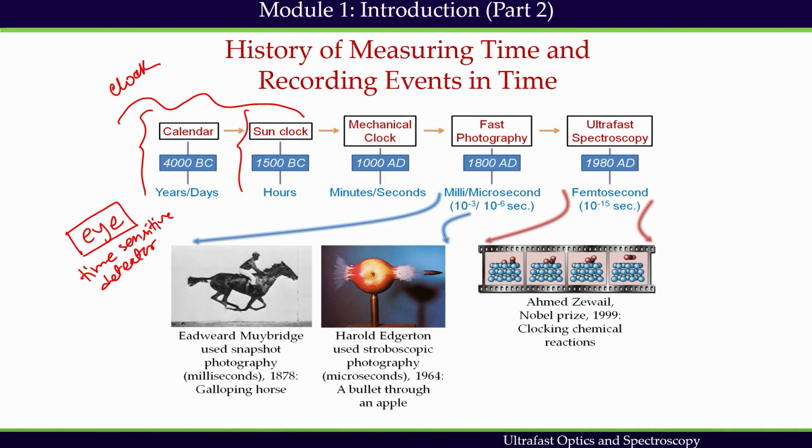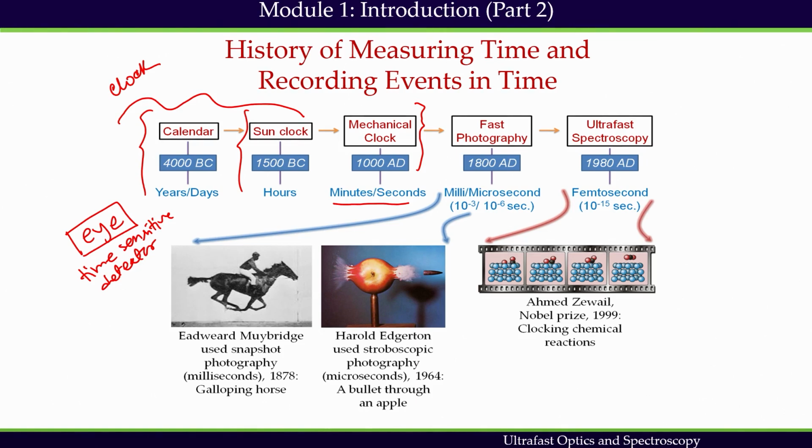Then development of mechanical clock in about 1000 AD enabled us to measure events in duration of minutes and seconds. So, we developed this mechanical clock, and that gave us second and minutes time resolutions.